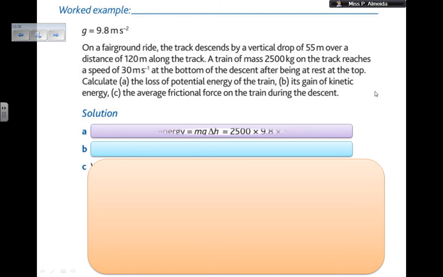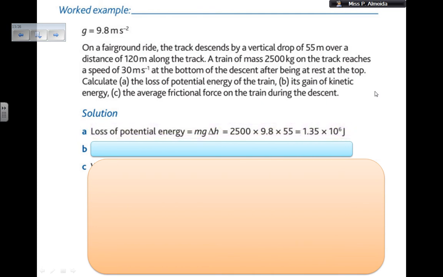So, loss of potential energy, well, I'm going to drop 55 meters. That's my vertical drop, so that's my height difference. So it's the mass times the gravity times the drop. So 2,500 times 9.8 times 55 gives me 1.5 times 10 to the power of 6 joules. Joules is the unit for energy.